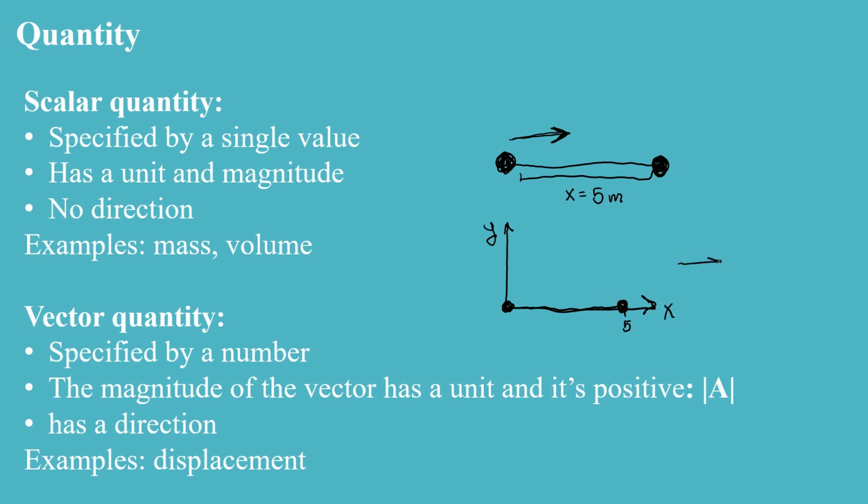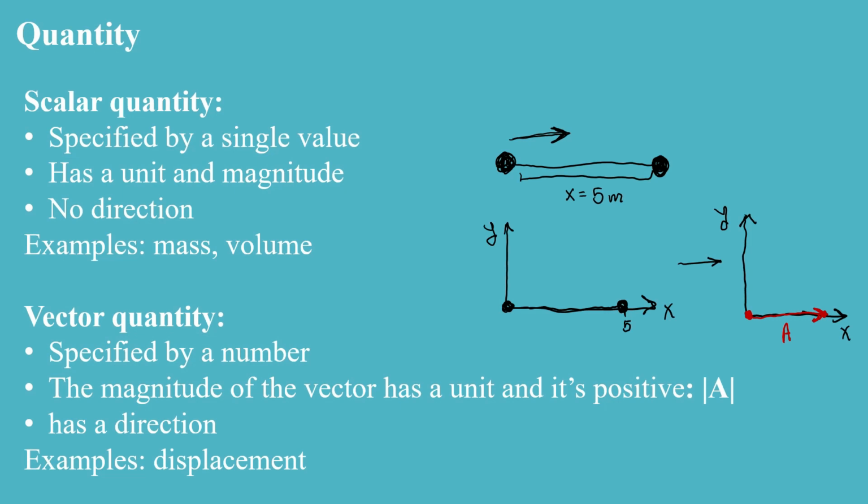This is the y-axis, x-axis, and now I can show it as a vector from the origin to the point where I have the ball, and I can call it A. So this is how I can represent the vector and the difference between the scalar quantity and the vector quantity. A vector quantity must have a direction.